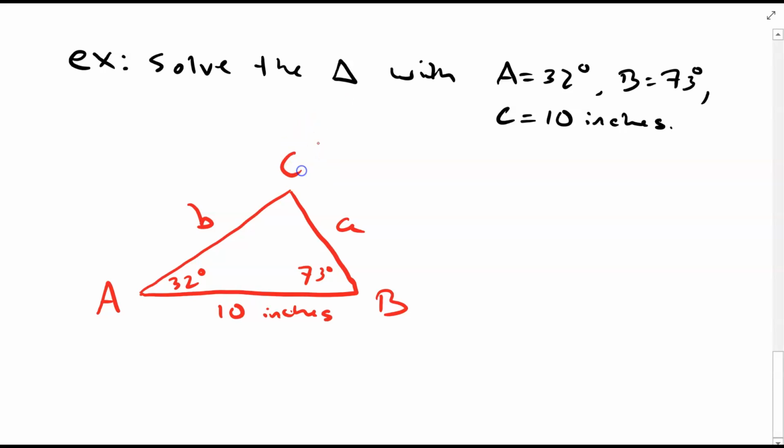All right. So, Ms. Tiller, you were saying you can find angle C straight away by doing what? Minus them from 180? Good. So this was called the triangle sum theorem. This was something that you learned in your geometry course.